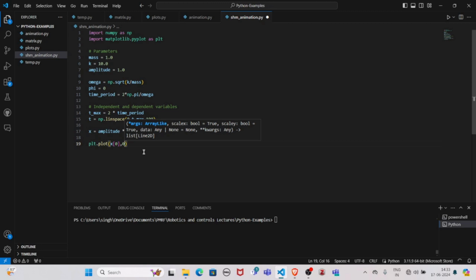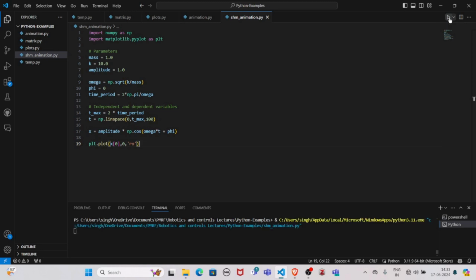So this is the plot. Let's select its color and style. So 'ro'. What this will do is give it a red color and a round shape. Okay. Let's run this and see what we get. Again, I think we'll have to pause it for a second.